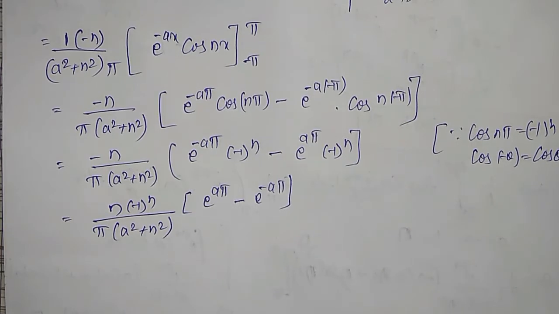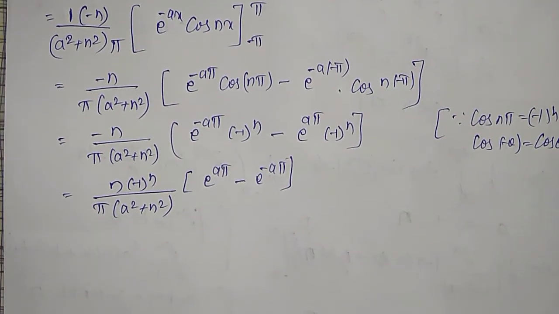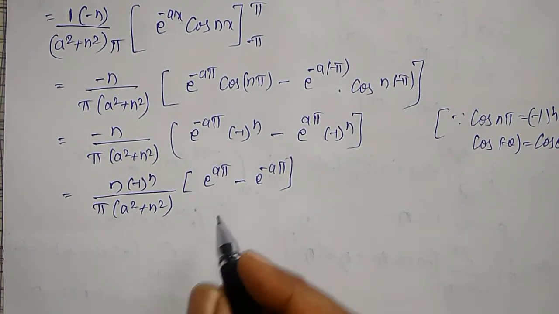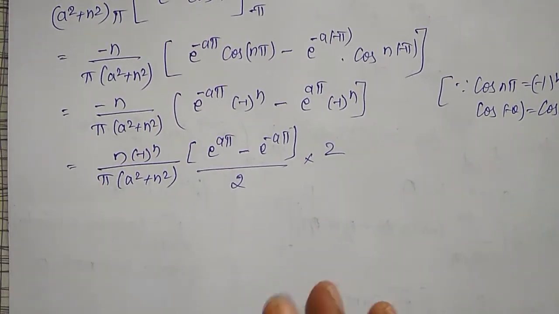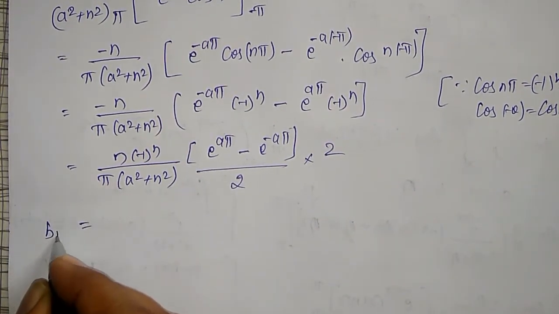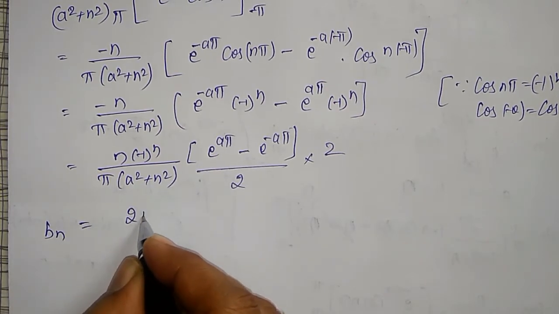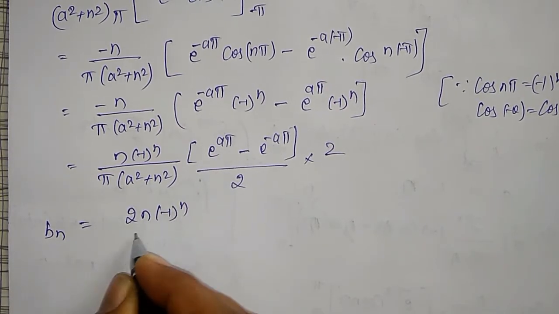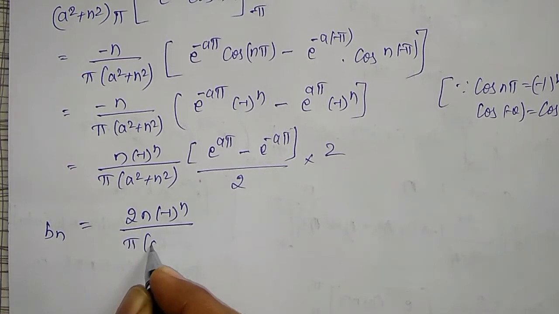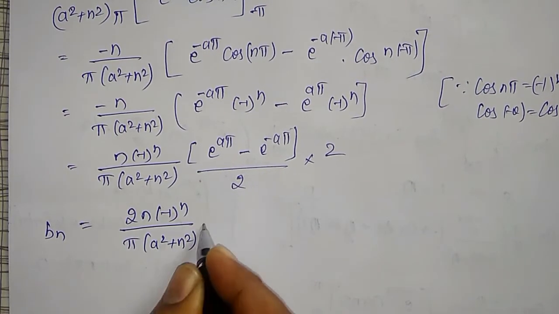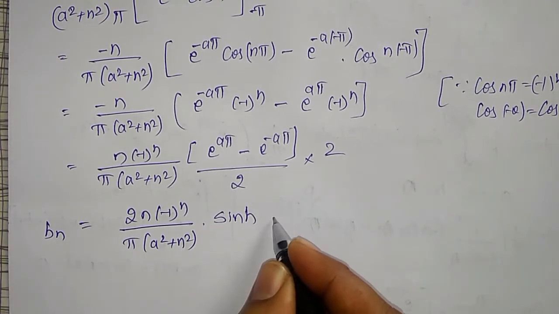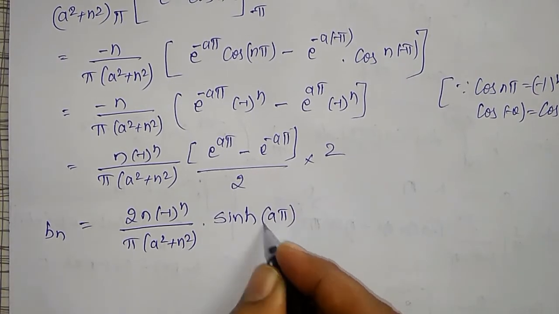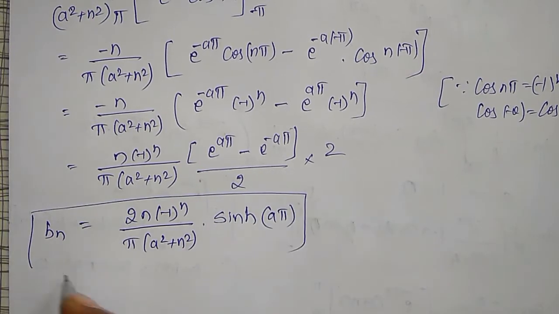Again, this is very much similar to the definition of sine hyperbolic, therefore dividing by 2 and multiplying by 2, I am going to get bn as 2n into (-1)^n divided by pi into (a square plus n square) into, this is nothing but sine hyperbolic a pi. This is my bn.